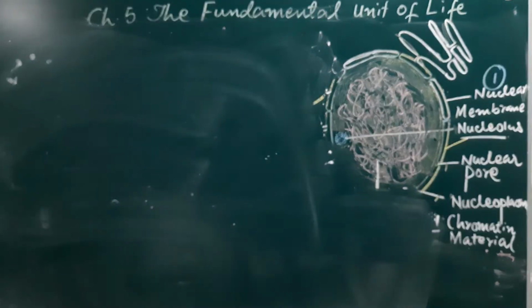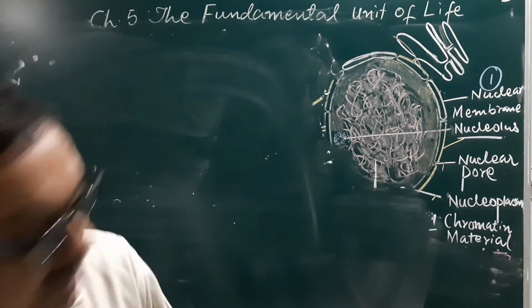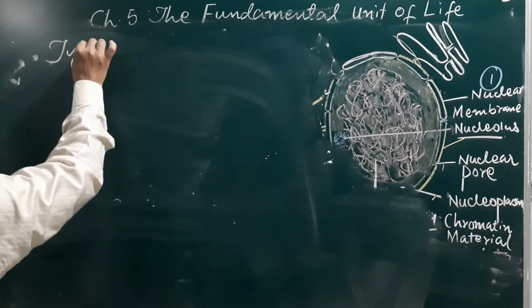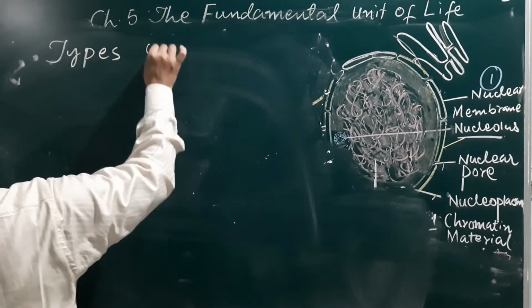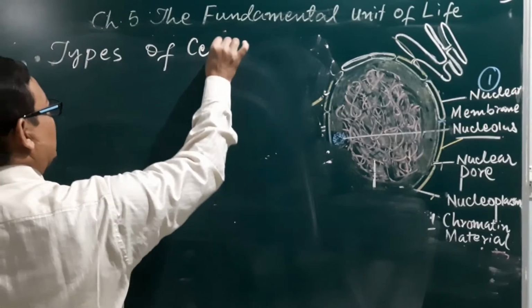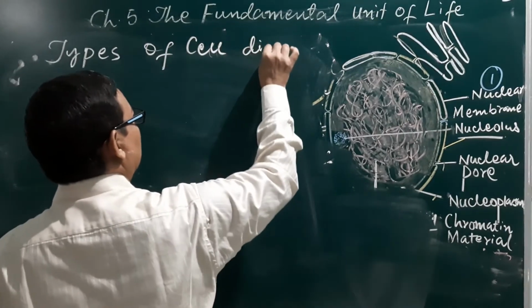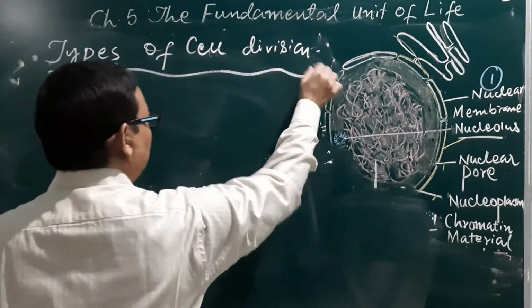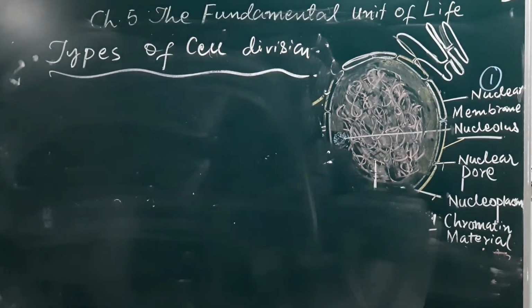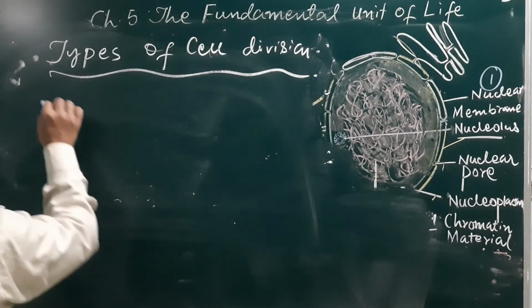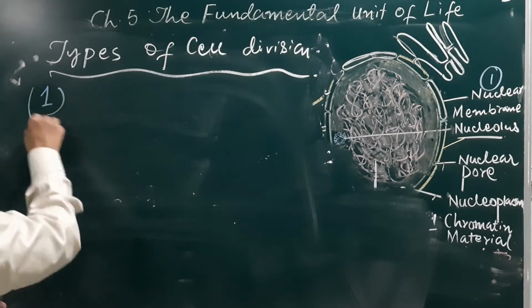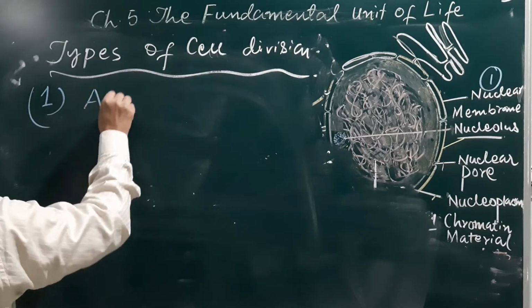In this way, look here, the types of cell division. The first one is amitosis.